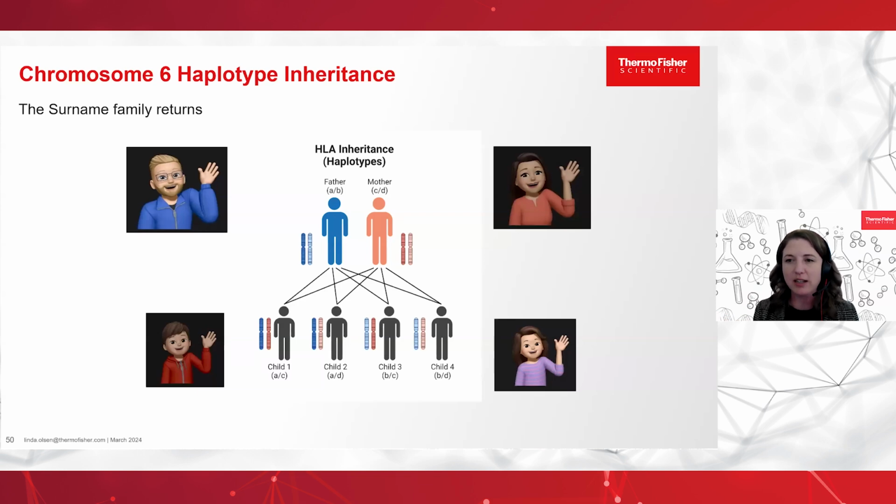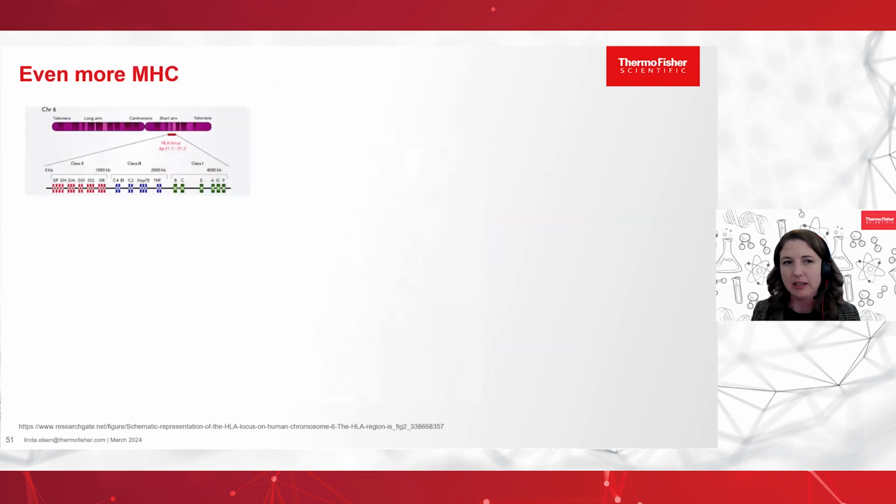When we pass on genes to our children, we pass on only half of our genes. So a child receives half of their chromosomal content from their mother and half from their father. So when we think about that chromosome 6 inheritance, we have a lot of information included in that.